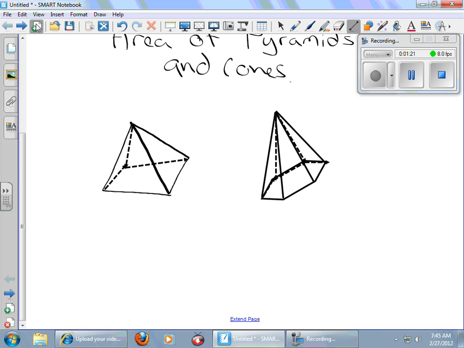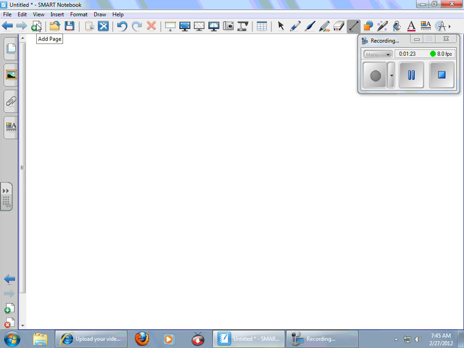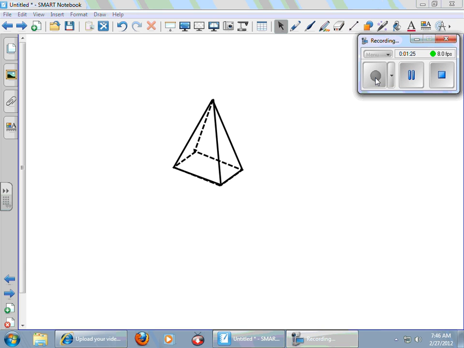All right, so let's get ourselves a nice looking pyramid out here. Okay, there's a pretty good looking pyramid, and we're going to tell you that it is a square base. It doesn't quite look like a square because of the angle we're looking at, but we're going to go ahead and let it be a square. So I'm going to mark it as a square, and I'm going to say that this is going to be 10 centimeters on the base.